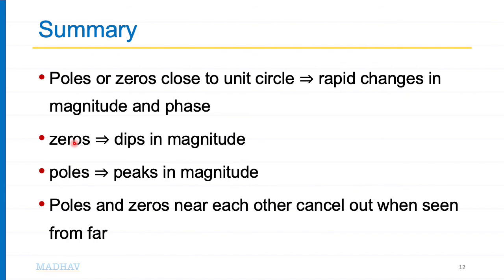And then the poles and zeros which are close to each other cancel out when seen from far. But when you are near the poles and zeros, then the effect is visible, but from far they're not visible. So when e to the power j omega is far from two nearby poles and zeros, then you can just ignore the effect of that pair of pole and 0. And if it is close to the pair, then you still have to consider it.